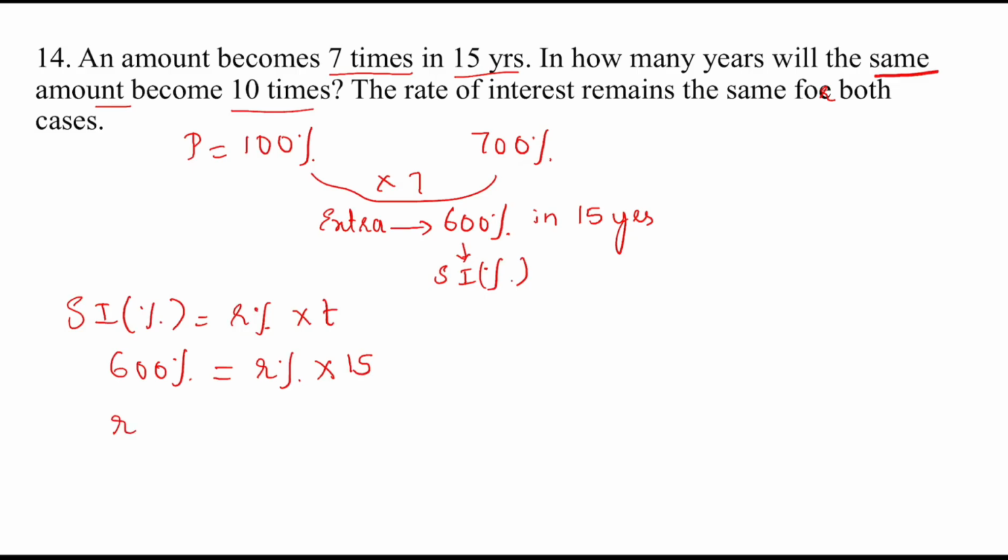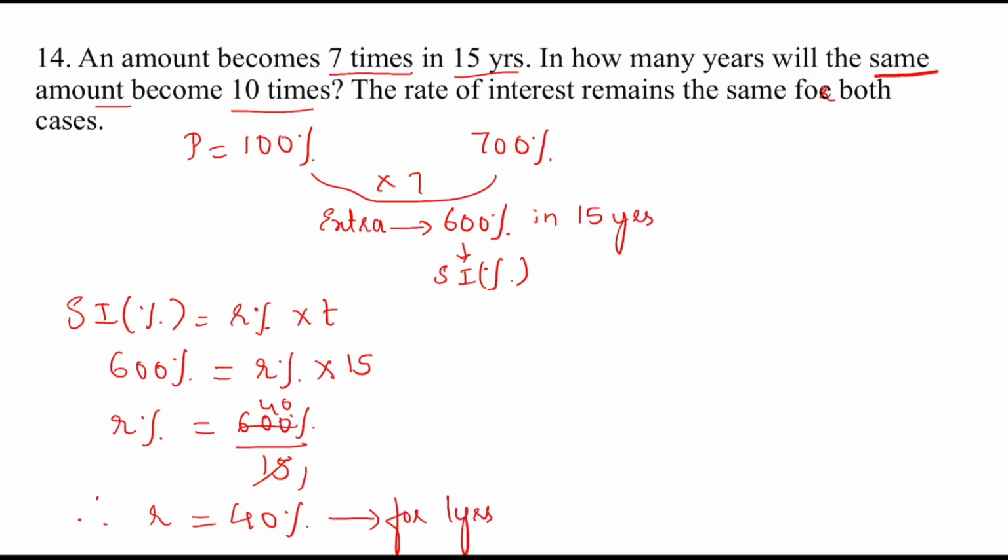Therefore R percent is equal to 600% divided by 15. Therefore R is equal to 40%. So for 1 year it is 40%. This is for 1 year.